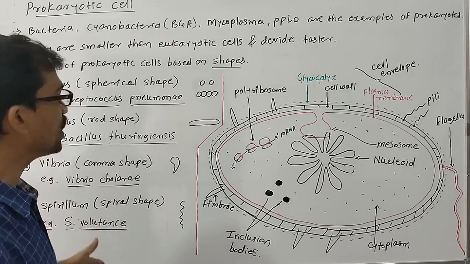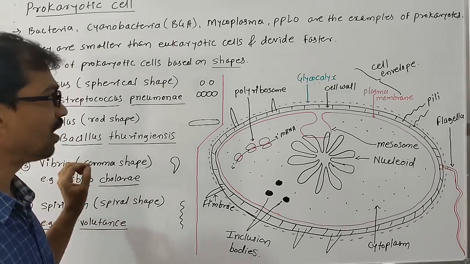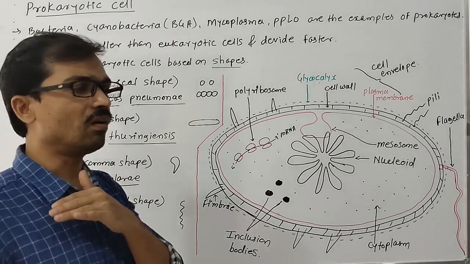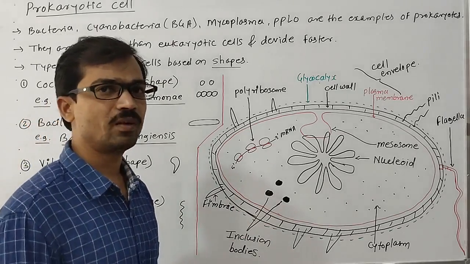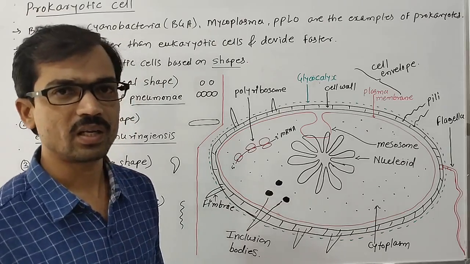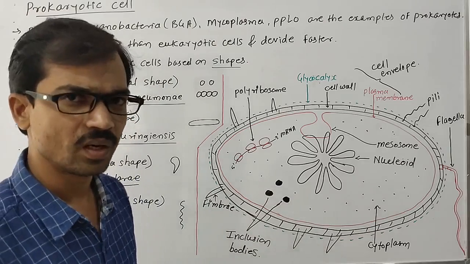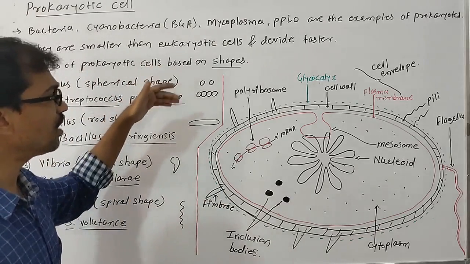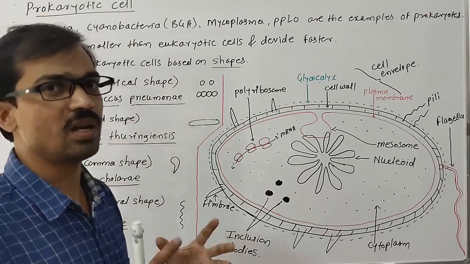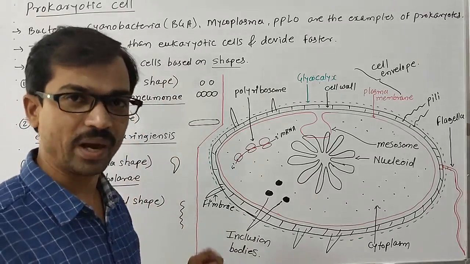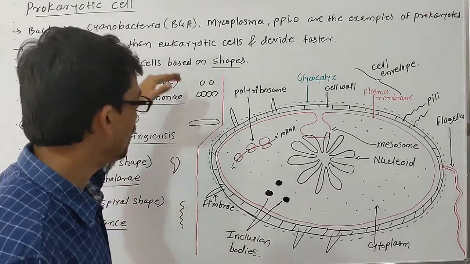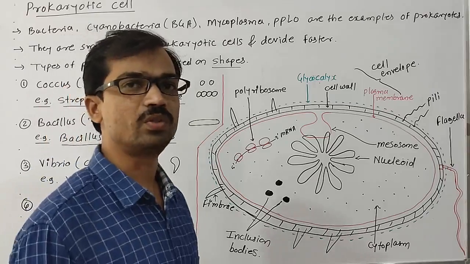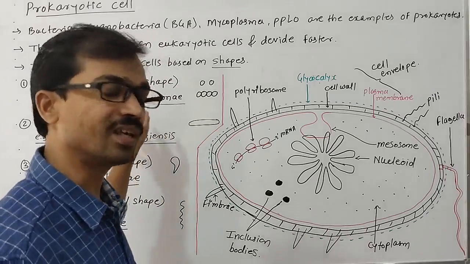These are the different shapes of bacteria, and I have given one example of each, but there are trillions of bacteria or more, with many examples of each type. In general, these are the four types of shapes observed in prokaryotic cells.